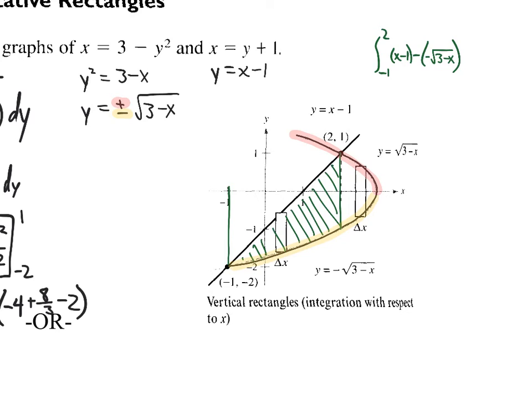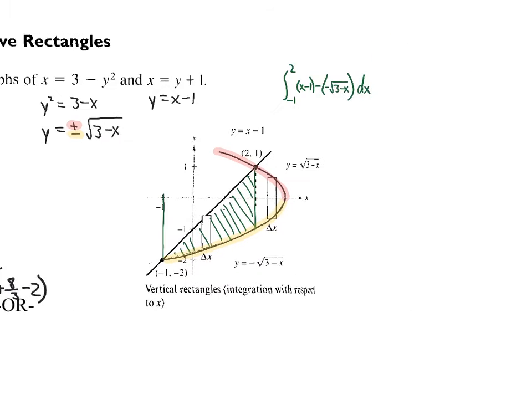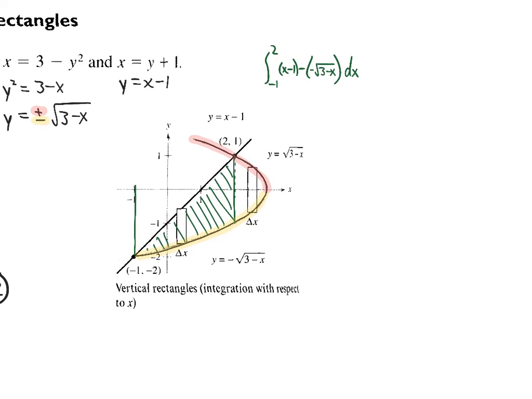Again, I now have three different functions that I'm having to deal with. Okay? And not that it's horrendous, but it does just add a level of complication to things. Then I would have to do the other part. I would have to get this area over here, in which case I'm adding the integral from 2 to 3, because this point over here is the point 3, 0.